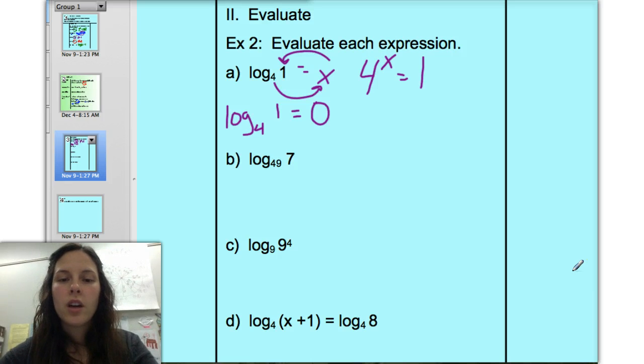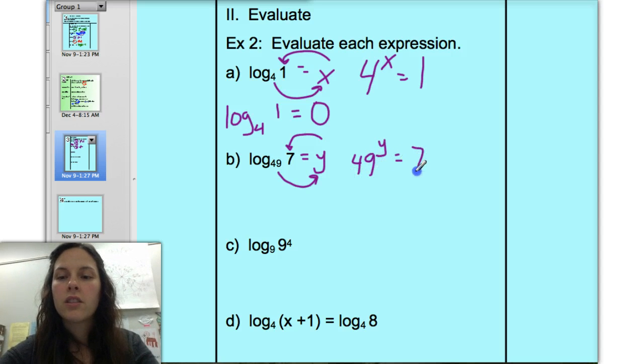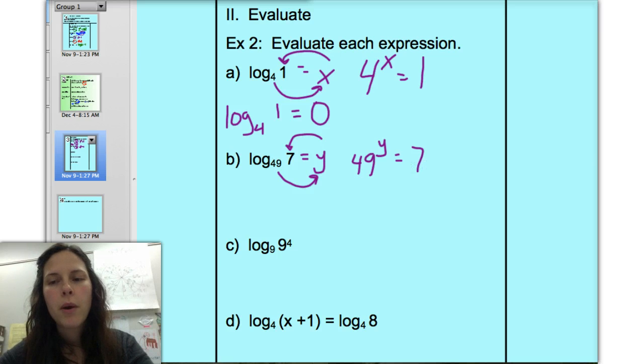Next one, we have log base 49 of 7. So again, curly law, if you want to set it equal to a variable, we'll do y this time. Any variable will work. 49 to what power equals 7. So writing this in exponential form, sorry, my 9 kind of looks like a G. 49 to what power equals 7. So some of you may be thinking, well, 7 squared equals 49, but I don't know what power of 49 will give us 7.